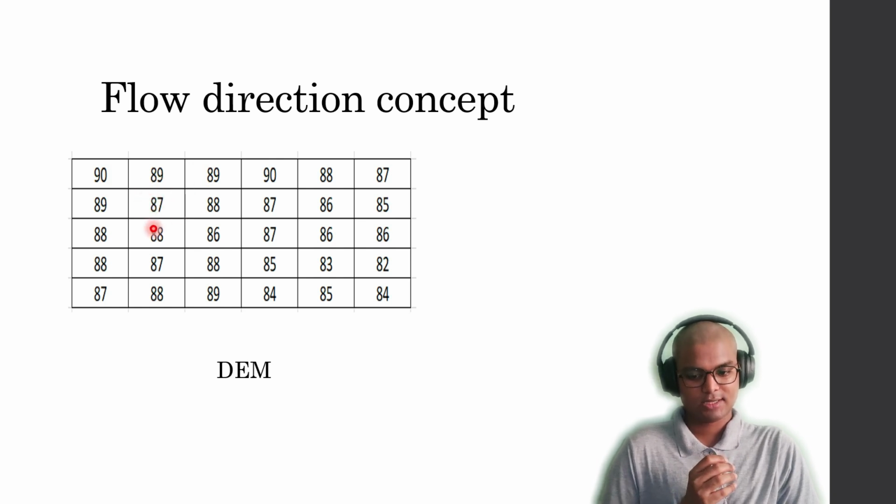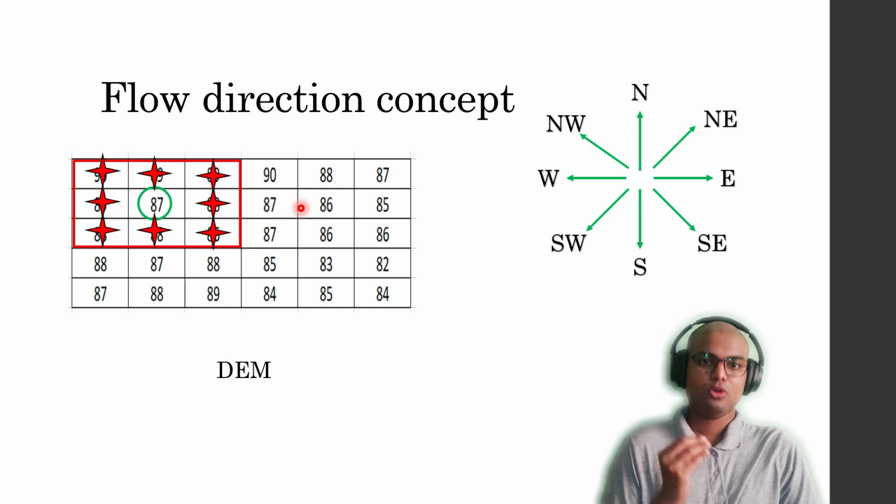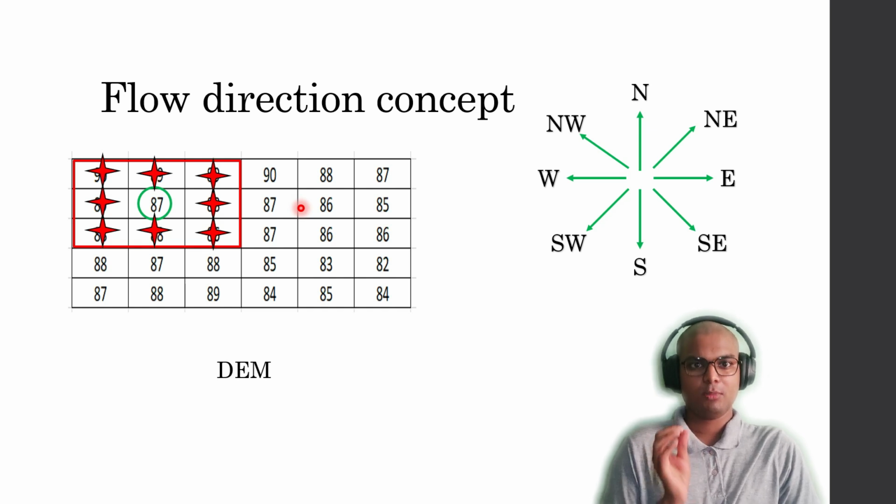We are choosing 87 as the cell, so we see all the 8 directions: north, south, west, east and the other 4 diagonal directions. These are the cells marked with a star, the locations where we will check the elevation data and also sometimes the slope, based upon the difference in elevation and distance.